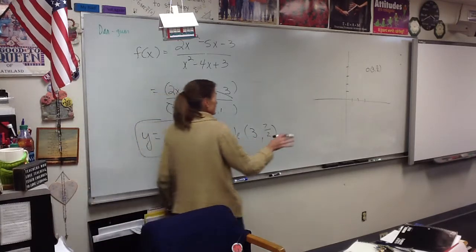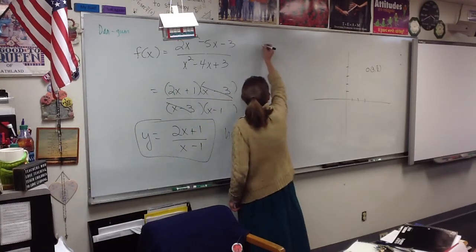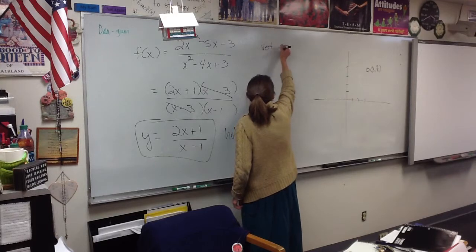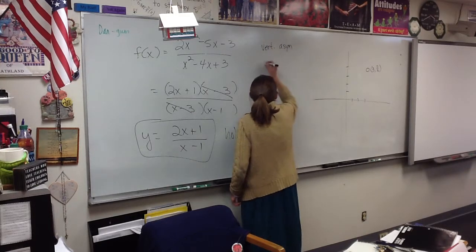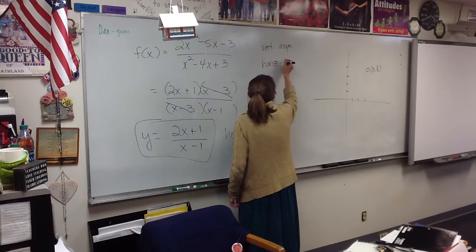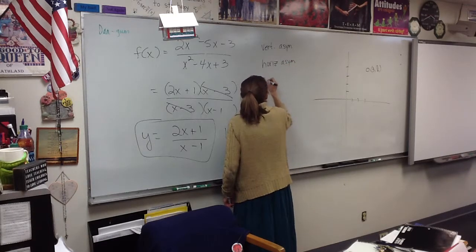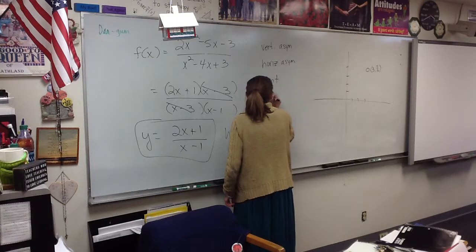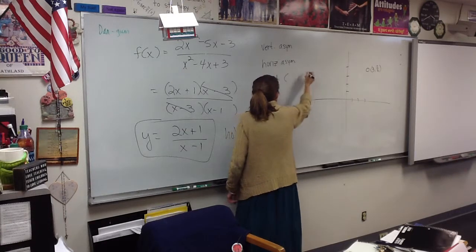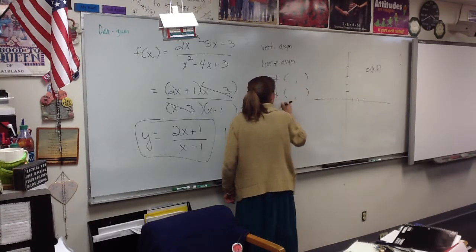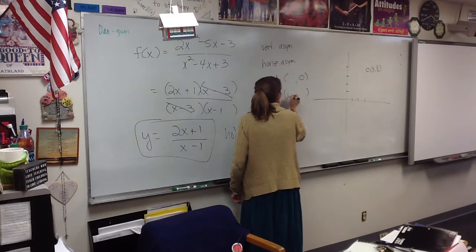Now I'm going to make a list of what else I need you to find. I need you to find any vertical asymptotes, horizontal asymptotes, x-intercepts, and y-intercepts. And remember, these are points. X-intercept, y-intercept.